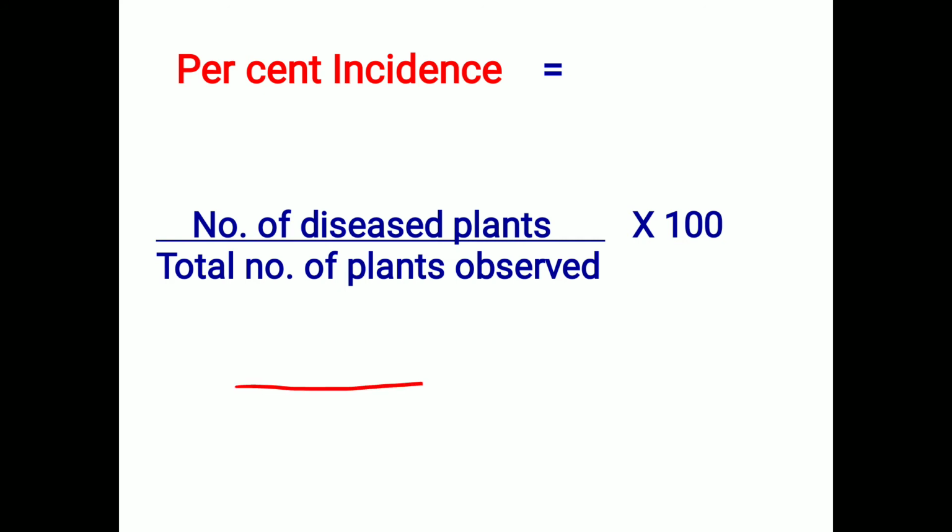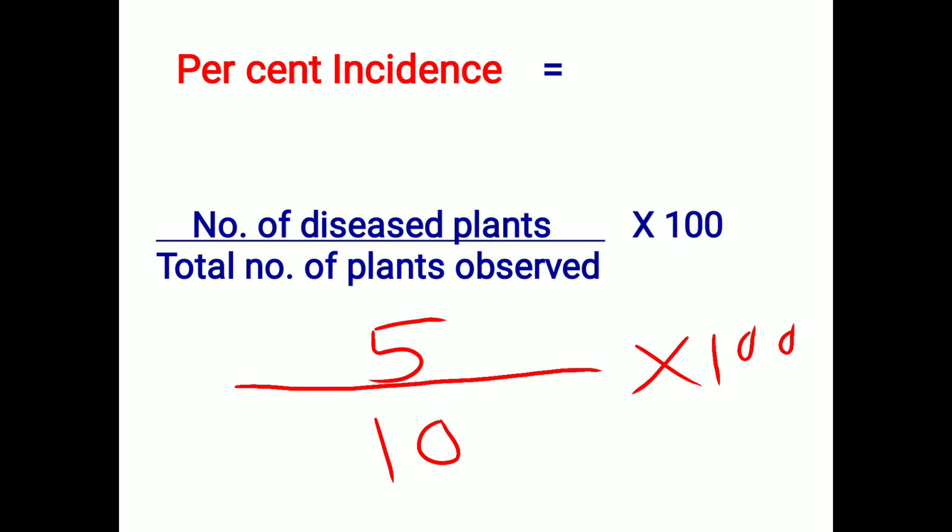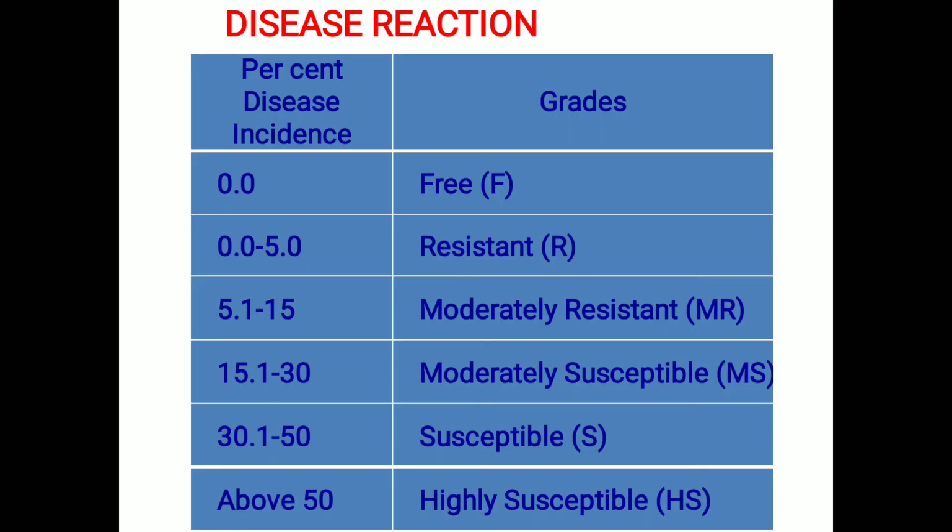For example, if the total number of plants observed is 10 and 5 plants are diseased, then multiplying by 100 gives 50% incidence of that disease. In that way we calculate the percent incidence of disease of a particular plant.